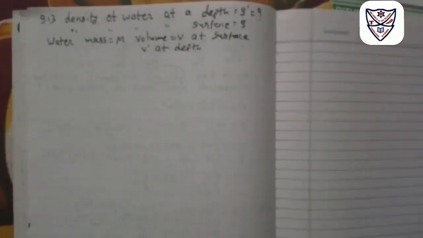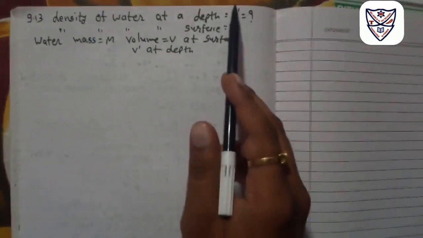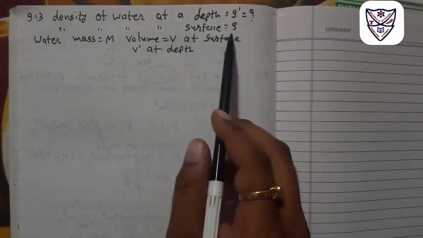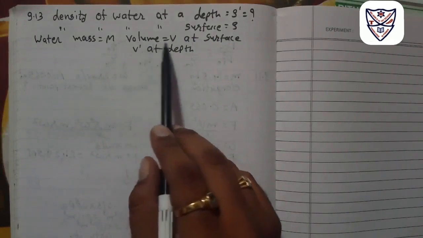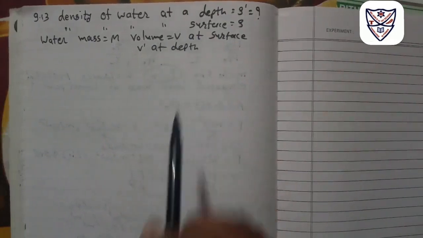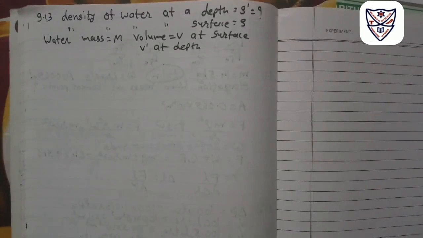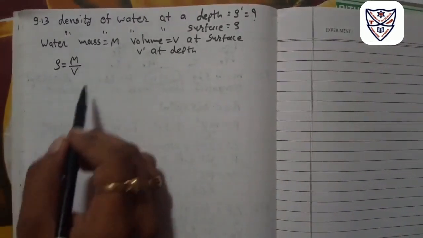In this numerical, density of water at a depth that we have to find, so symbol of that is rho dash. Density of water at the surface is rho, water mass m and volume v at surface and v dash at depth. So this sum starts from that formula, density is equal to mass upon volume.